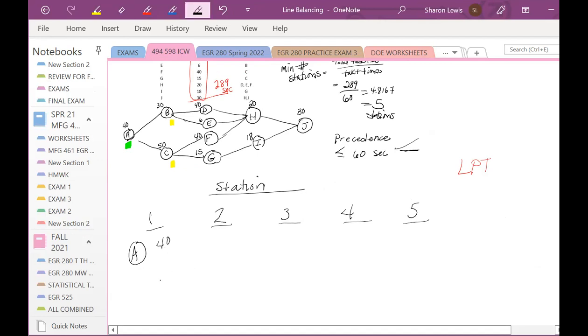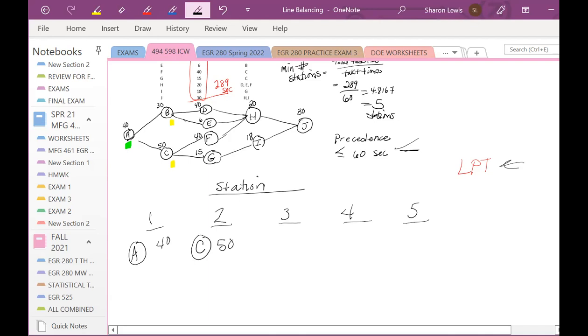So then we can go to a second option. What about B? Will B fit in? No, B still exceeds, because if we put B in, that would be 30 and that would be 70. So we cannot do it. So we're going to take C, our longest processing time choice, and assign it to station 2.